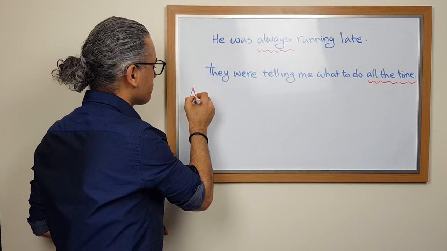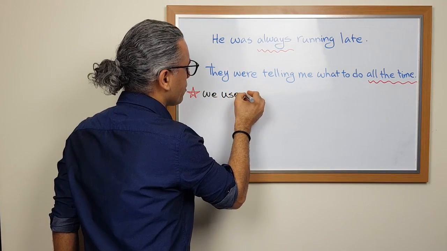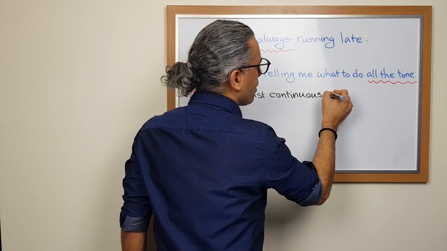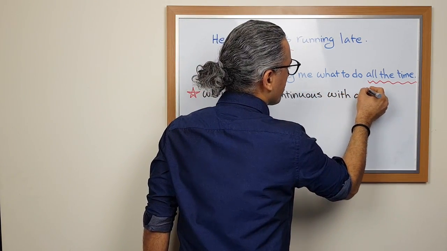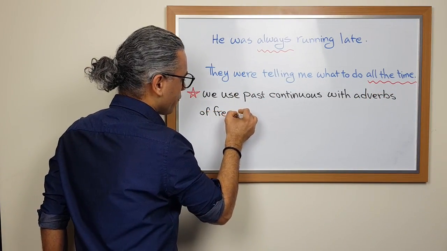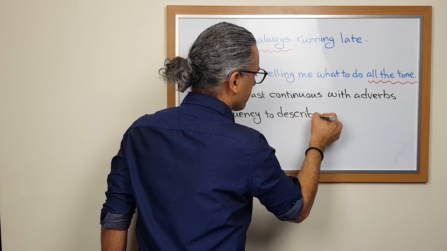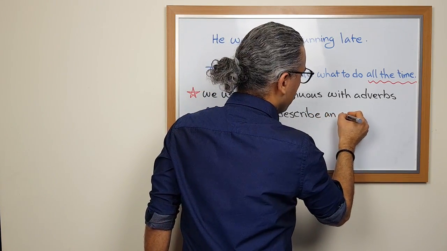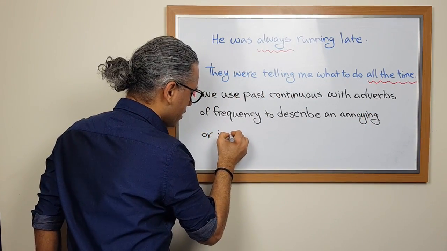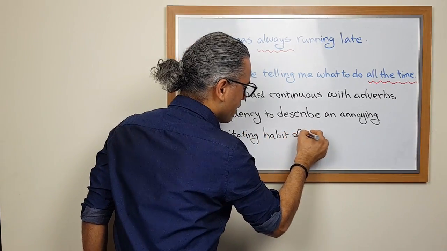The point is, we use past continuous with adverbs of frequency to describe an annoying or irritating habit of somebody.